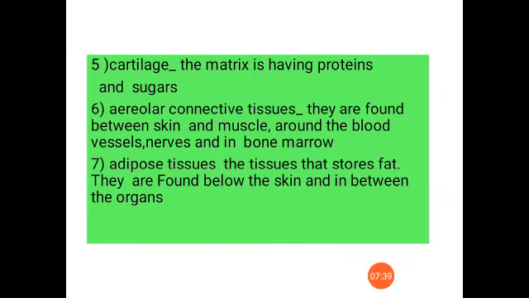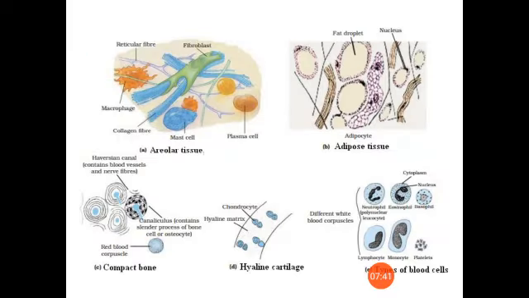Adipose connective tissues are tissues which store fat. Fat is stored in certain cells known as adipocytes. Tissues containing adipocytes are known as adipose tissues. You can see adipose tissue with adipocytes containing fat globules. Then fibers will be there, and you can see an opaque matrix here.